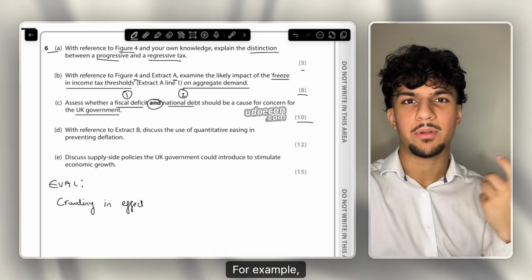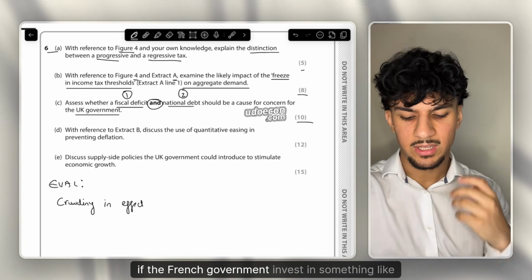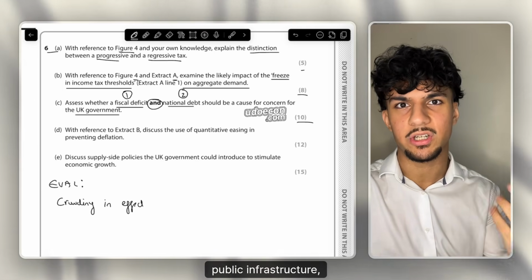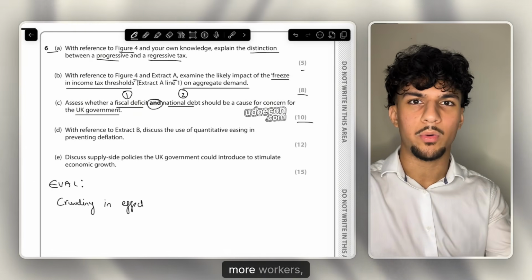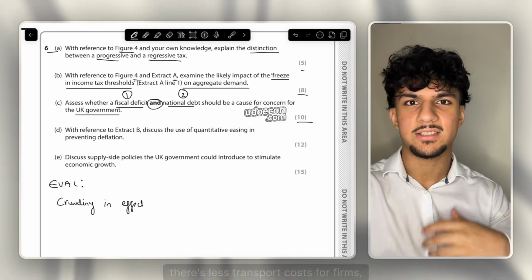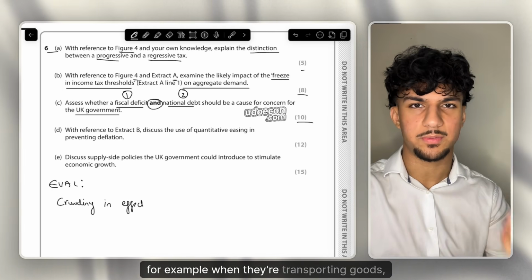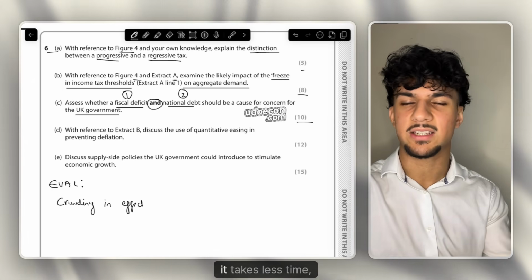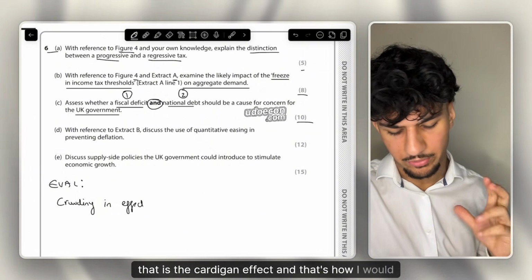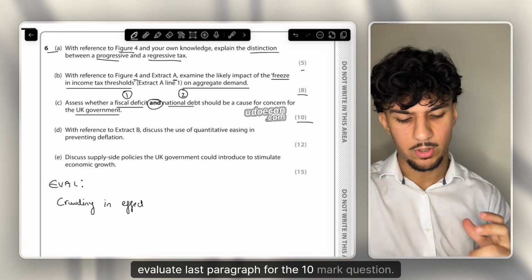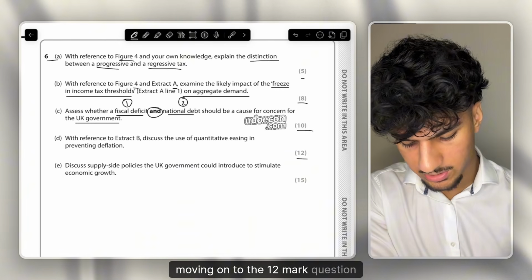As you can imagine, if the French government invests in something like public infrastructure, it means that workers can get to their location quicker. There's less geographical immobility, there's less transport costs for firms. For example, when they're transporting goods, it takes less time, it's more safe, etc. So yeah, that is the crowding in effect, and that's how I would evaluate that last paragraph for the 10-mark question. Moving on to the 12-mark question.